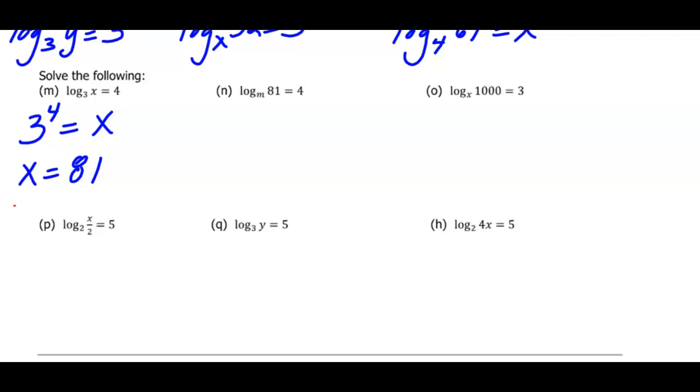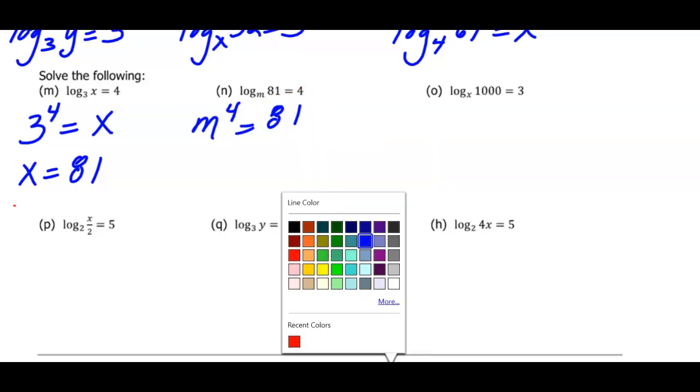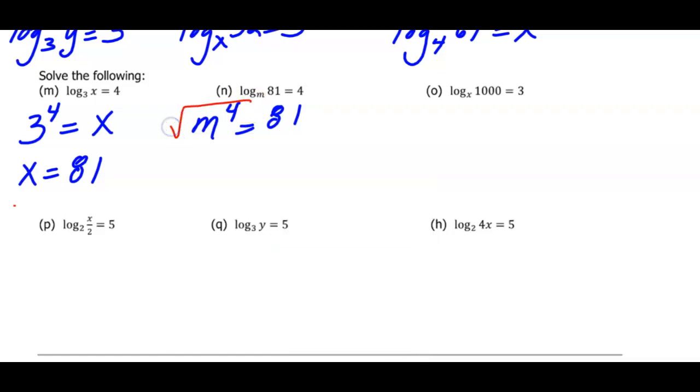Okay, for letter N, we're going to write it as m to the 4th equals 81. When we go to solve this one, we're going to have to take the 4th root of both sides, because we're going to undo that power of 4.